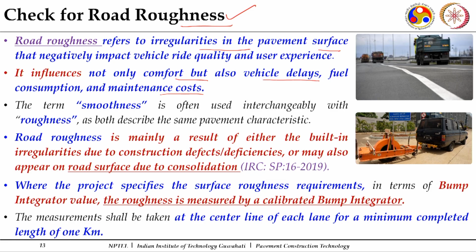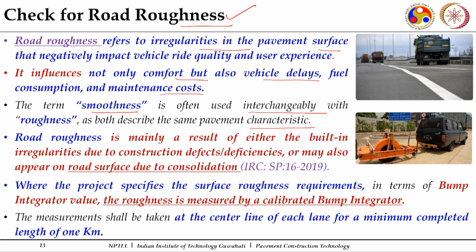From the user point of view, it is always important to have a good riding quality, a smooth surface and a safe surface. So, there is another term which is very frequently used along with roughness, which is smoothness. They want to refer that the surface should be as smooth as possible. So, they can be used interchangeably with roughness, as both describe the same pavement characteristics.